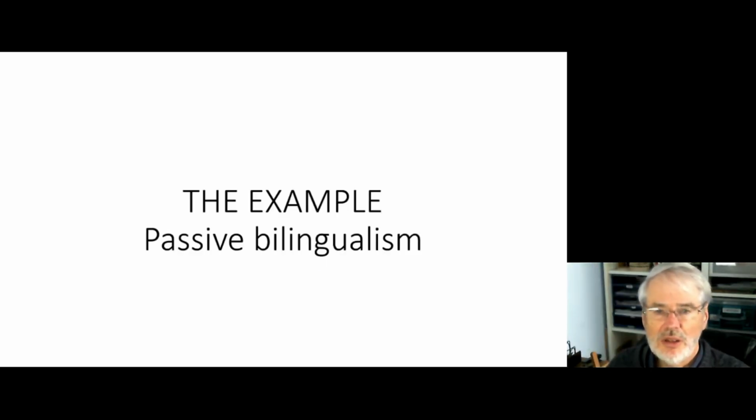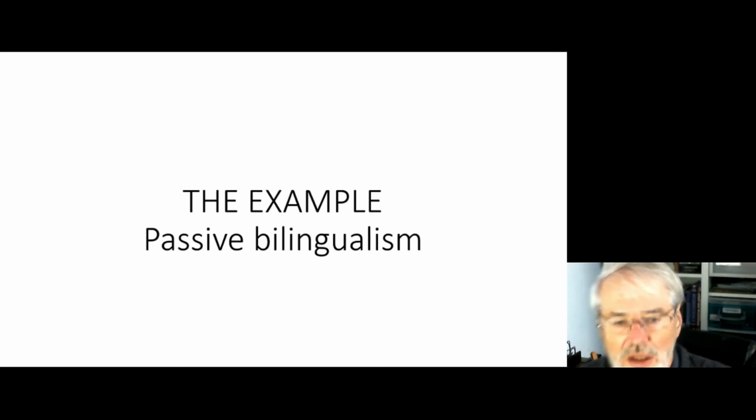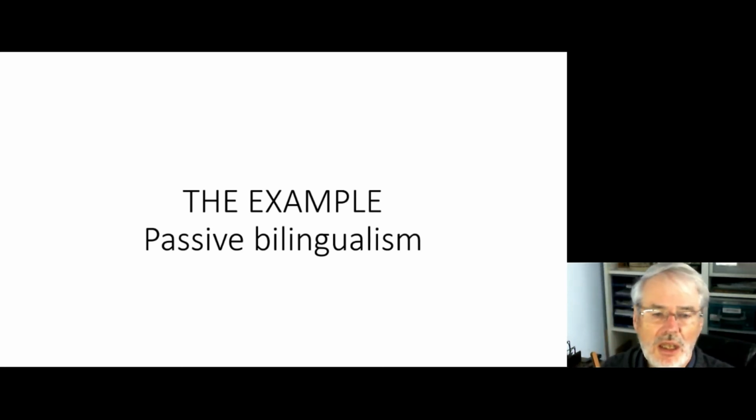And now we turn to our final and main example, which is an example of passive bilingualism. Remember, passive bilingualism is when you have two languages, but in the case of one language you go on comprehending it, but you don't speak it, or speak it very rarely.